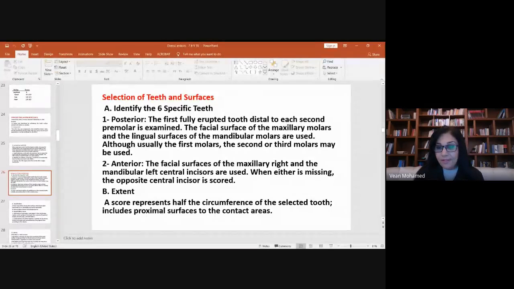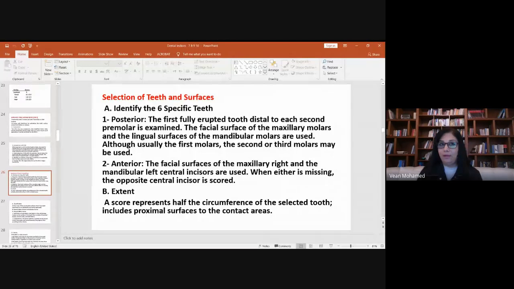The facial surface of the maxillary molars and the lingual surface of the mandibular molars are used. Although usually the first molars, the second or third molars may be used.